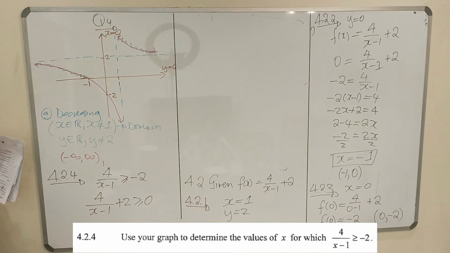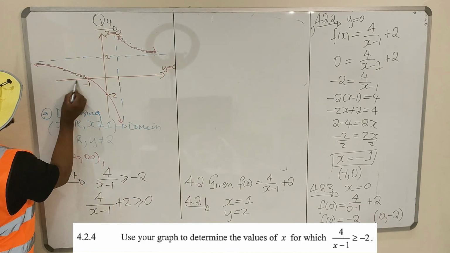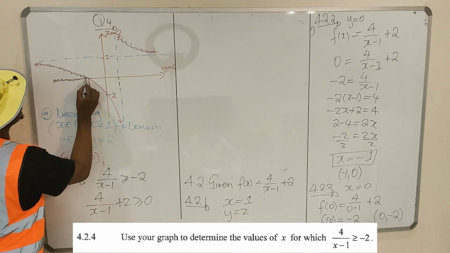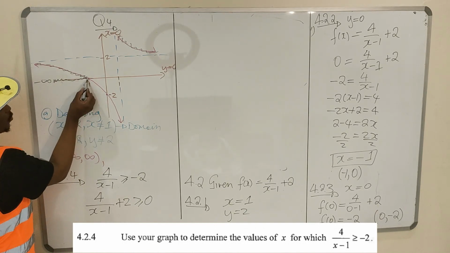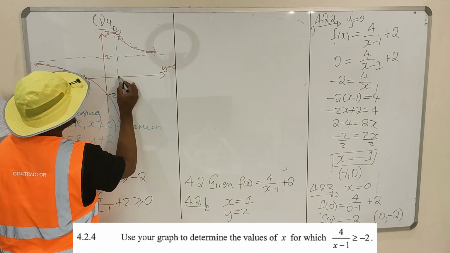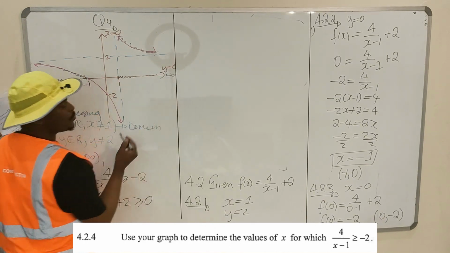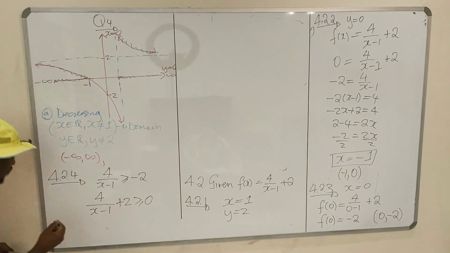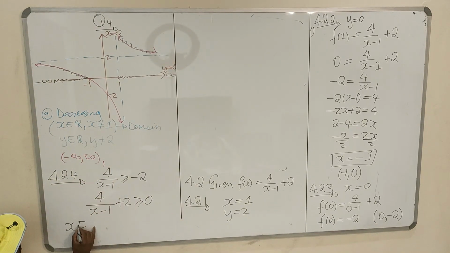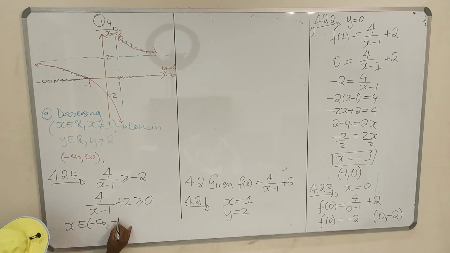Do you agree? Yes. So what are the x values? These are the x values from negative infinity to 1, and after the vertical asymptote to positive infinity. So those x values, you say x is an element of negative infinity to minus 1. Minus 1, is it included?